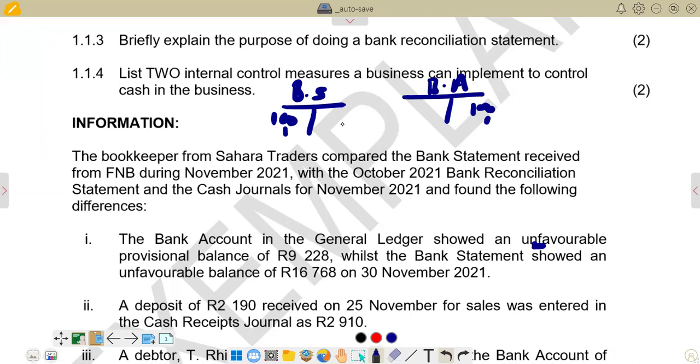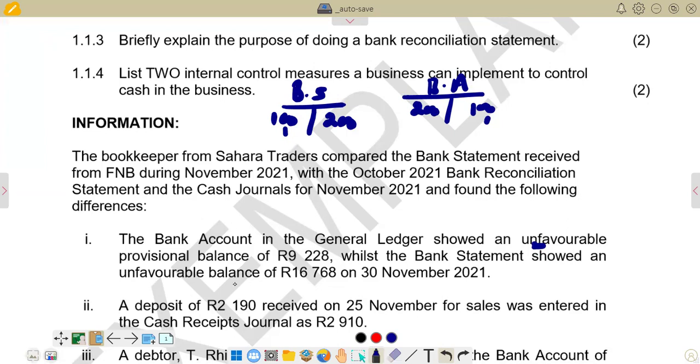The opposite is true. Let's say you've got 200 on the credit side of the bank statement. You should see that 200 again appearing on the bank account on the debit side. So when these entries are on only one account, maybe on the bank statement we are seeing 100 only, it means we are supposed to go to the credit side of the bank account and put that 100 so that it becomes the same.